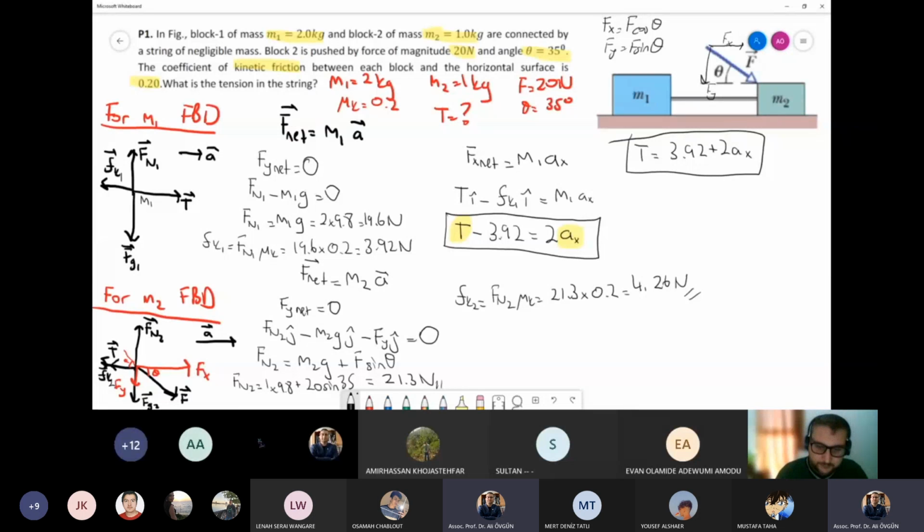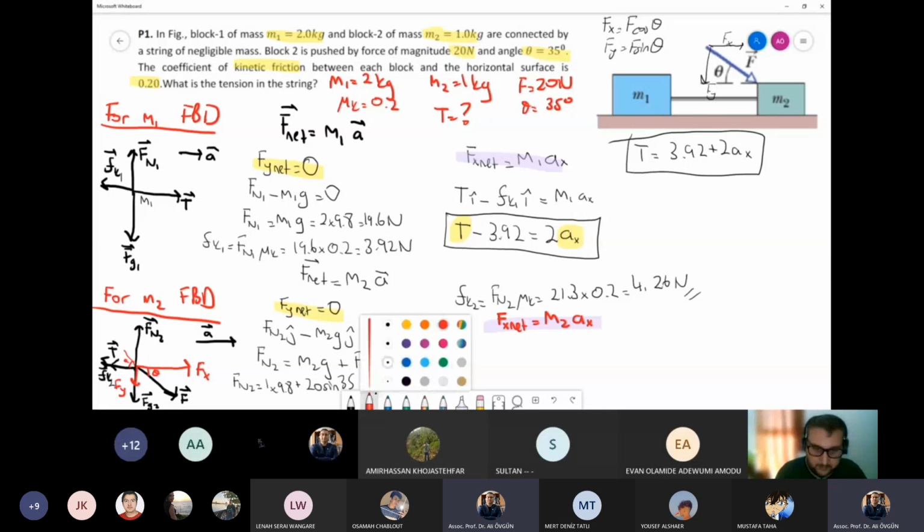Then let's use the x component. Fx net equals M2 ax, similarly to the first one.